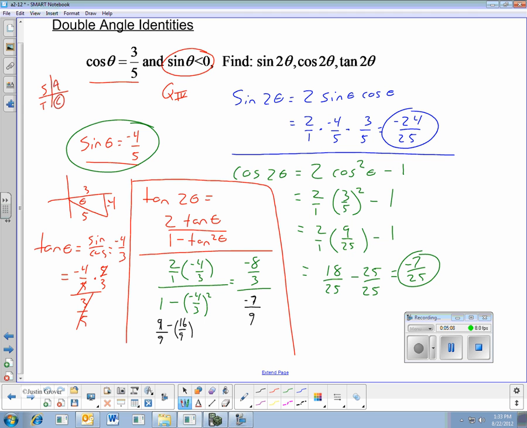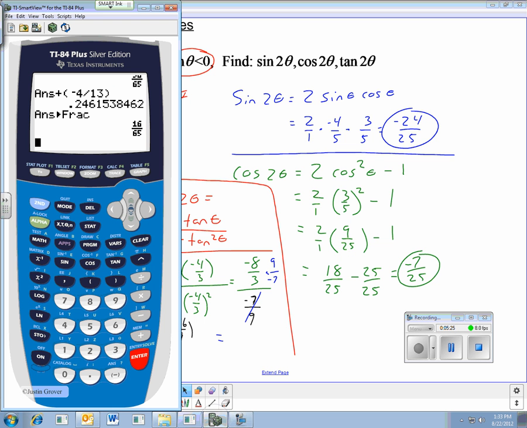And using my reciprocal, I'm going to multiply this by 9 over negative 7. And I can let my calculator do that for me. I know it's going to be positive because we got a lot of negatives.